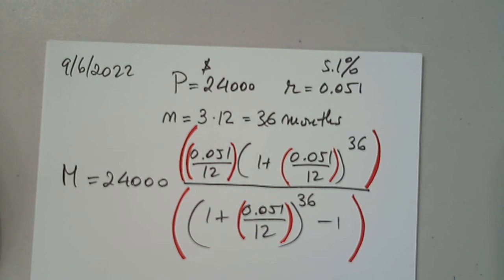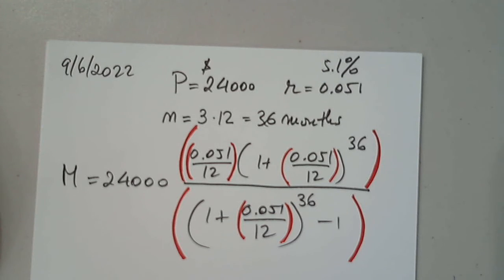Okay, so 24,000. Left parenthesis for the top. Then another parenthesis for 0.051 divided by 12, close. Open another one for 1 plus, and then the division of 0.051 divided by 12, close.